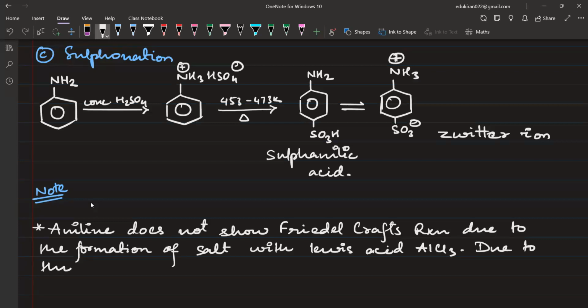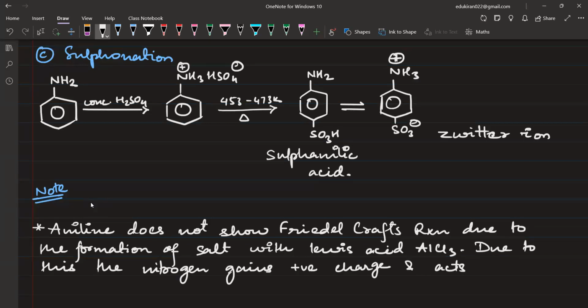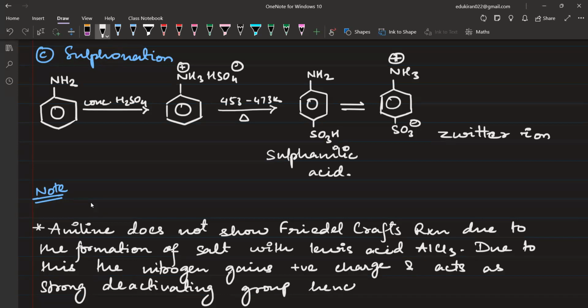Due to this, the nitrogen gains positive charge and acts as a strong deactivating group. Hence, it does not react further.